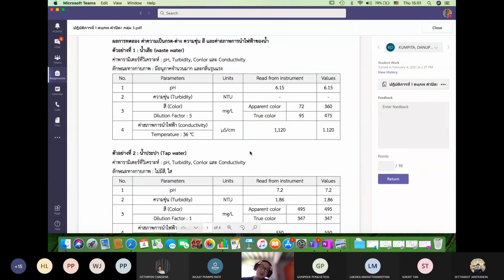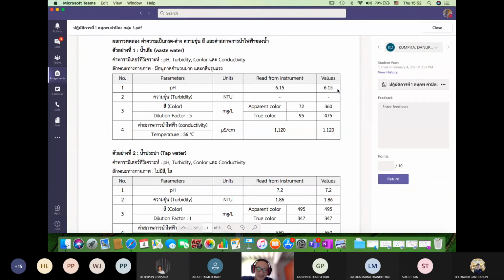Whenever you visit the PCD's website, the parameters are always put in the far left column, and then the units are next. Then the values should be shown in the far right columns. This is another way of results presentation.